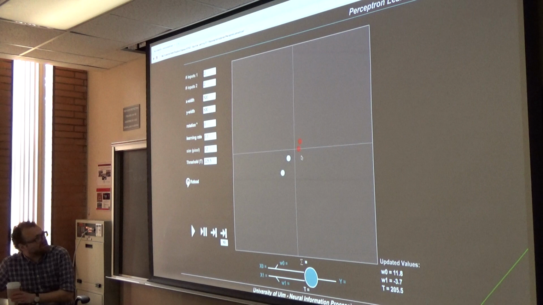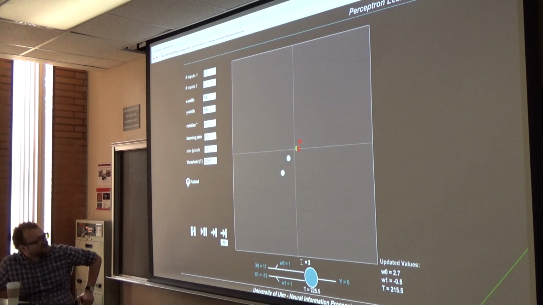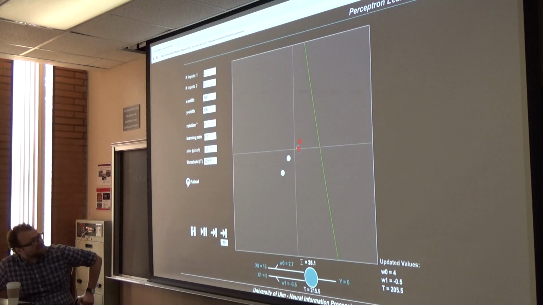Okay? So let's reload this again, and let's see, for example, this is a little bit harder. Can it find the solution again? And you see, only for the red ones it updates, because only those make mistakes. The white ones it doesn't make mistakes for, so it has to update for those, and it goes through them all the time until it doesn't make any mistakes anymore.